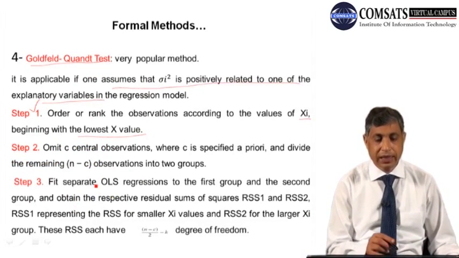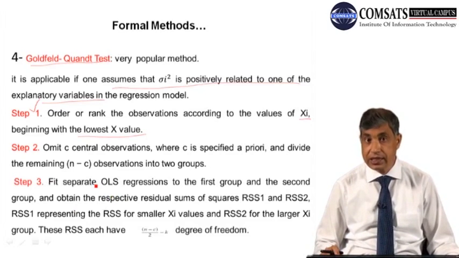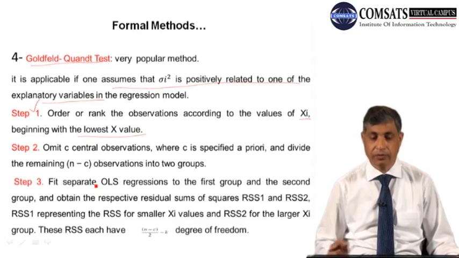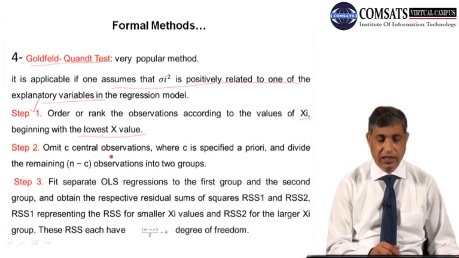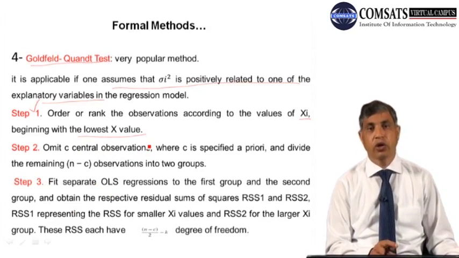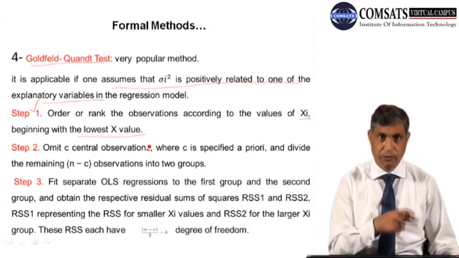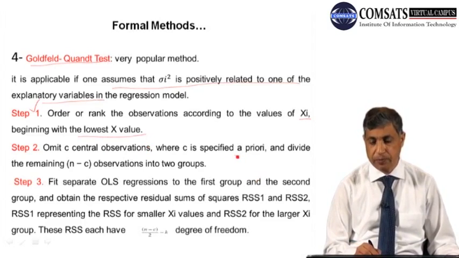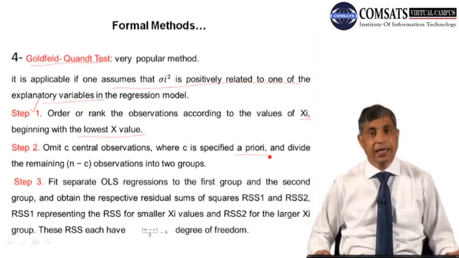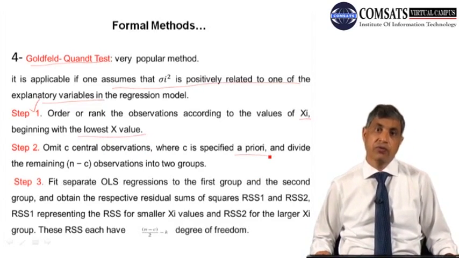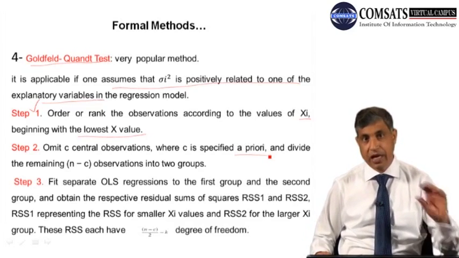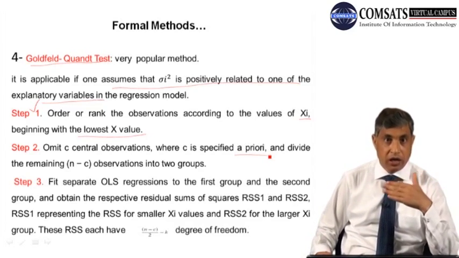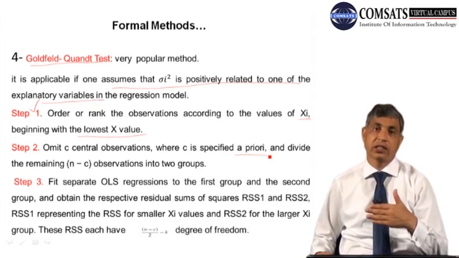The next step is to omit the central observations. C is the number of central observations, specified a priori. Looking at x, we omit them, and definitely we omit them from y also. Keep in mind how many observations we have to omit, because we want to divide the data into two parts.